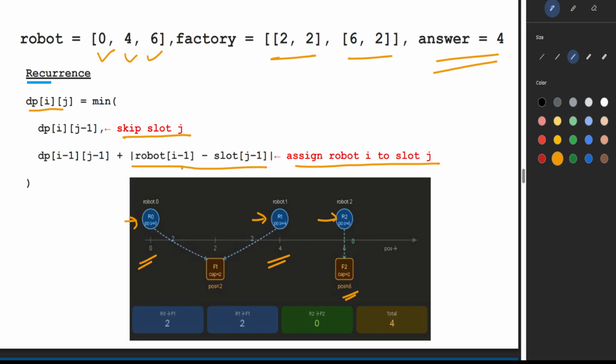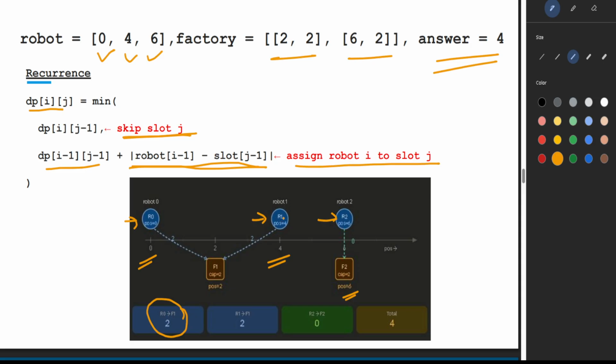If we skip the slot, we get the value from here. If we assign the robot to the slot, then we add the distance. We'll understand it here, don't worry. Let's suppose the robot goes to factory F1. It covers 2 as a value.